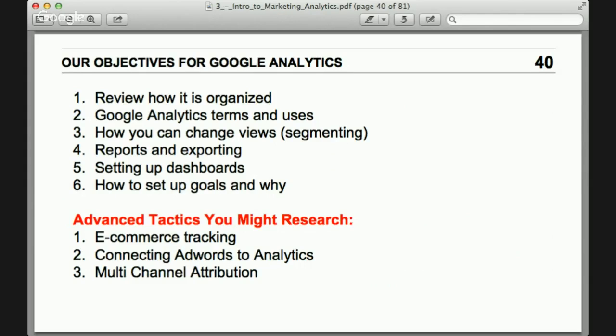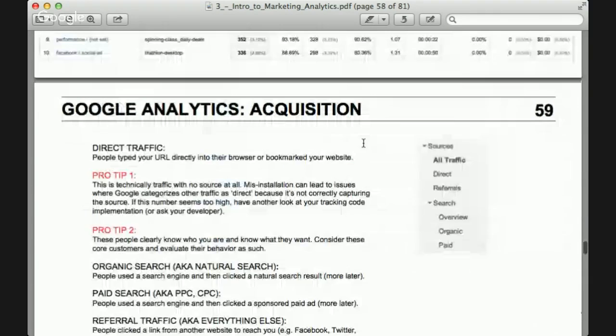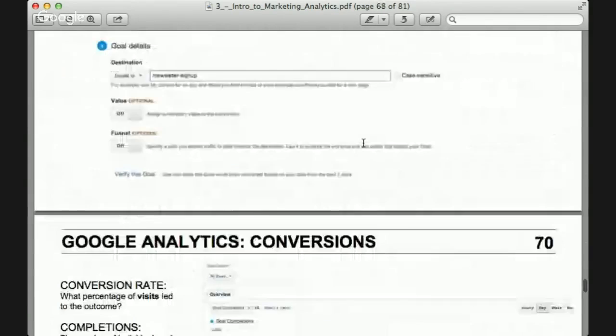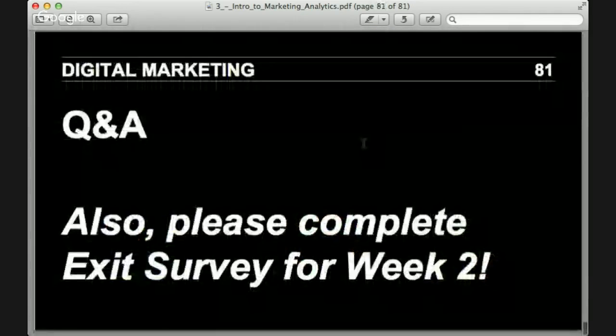And I'll be available in office hours to help you. But for now, I'm going to skip all of the remaining 40 slides because it's just looking at views that you can use later on if you need help to do this. I find it better to actually go into the program itself and tinker around with you guys. So let me hop into Analytics real quick.